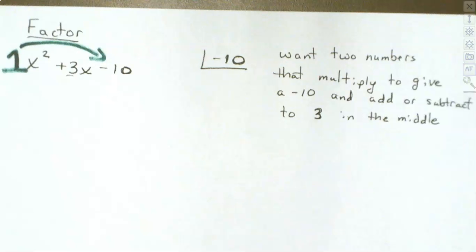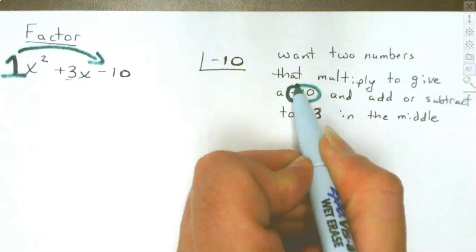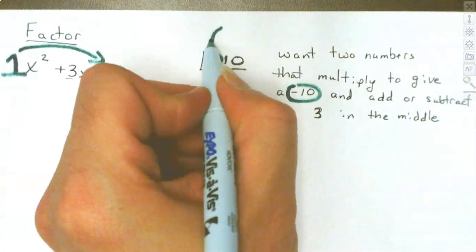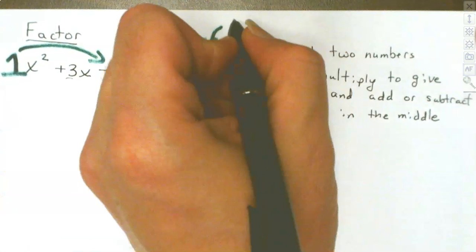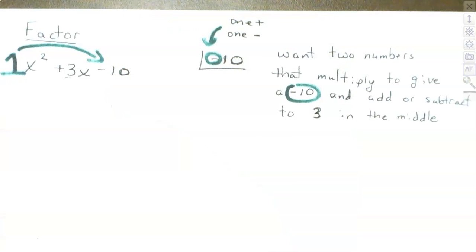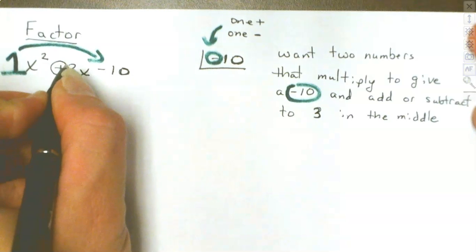So this is a negative 10. So because that's a negative 10 that we want right here, that means whenever it's a negative, one number is positive, one number is negative. So if the number inside of your box is negative, then one number is positive, one number is negative. Now we look in the middle. And look in your middle term, that 3.